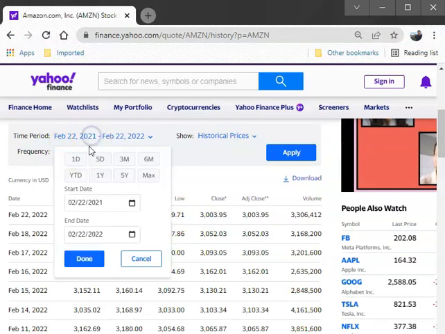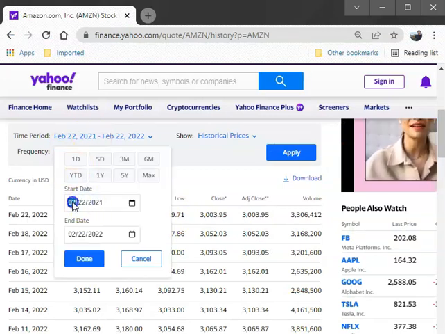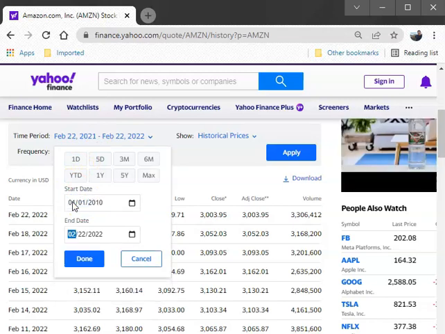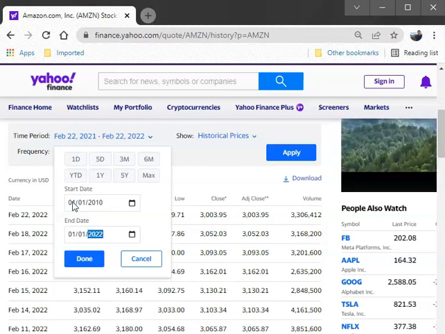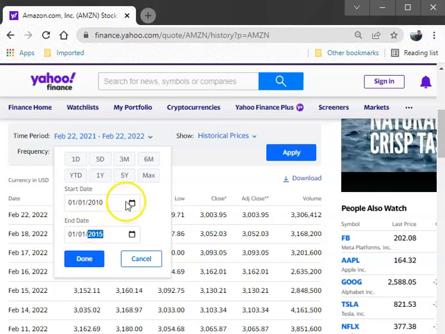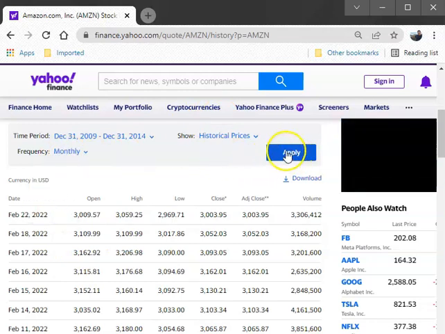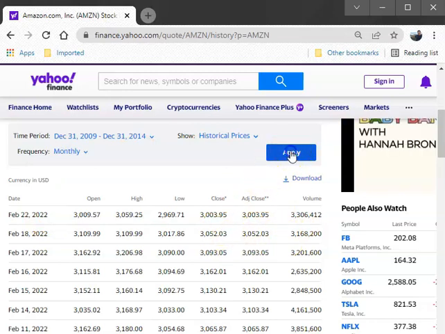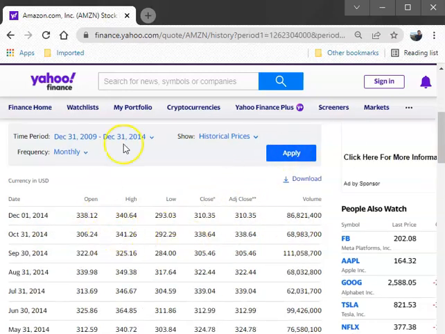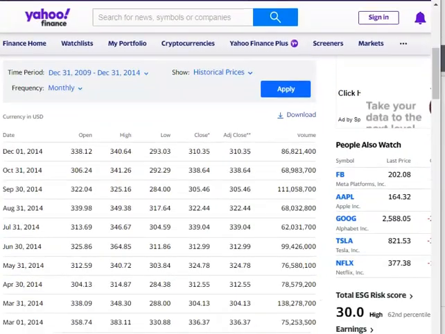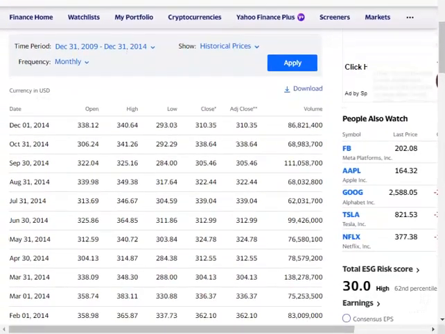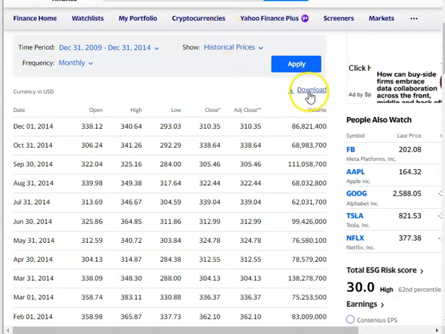So I need to change the dates to 01/01/2010 to 01/01/2015, and I want to go by monthly. Okay, so done, and change this to monthly, and click apply. If you don't click apply, these values won't be updated. Apply. Okay, good. So we have those here, and go here so I can download this data.